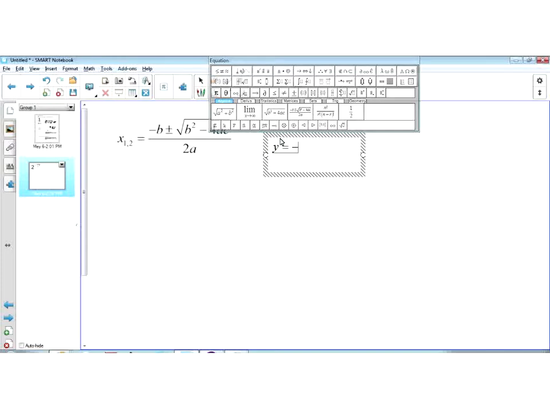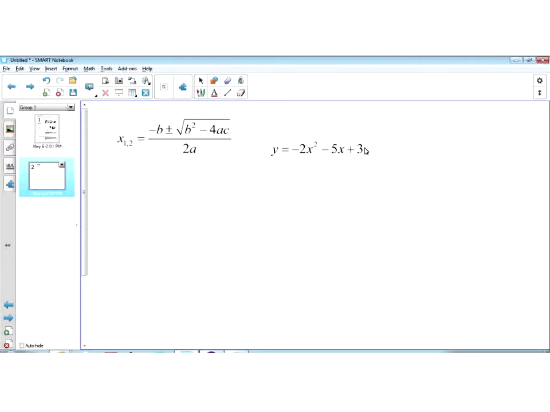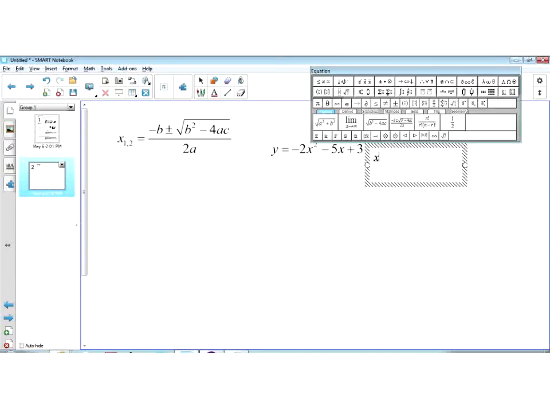So let me rewrite the equation again for your reference. We have y is equal to -2x squared minus 5x plus 3. So we can take the coefficients that are appearing in this quadratic, and we can wire them into the quadratic formula. And so when we do so, let's see what we get.